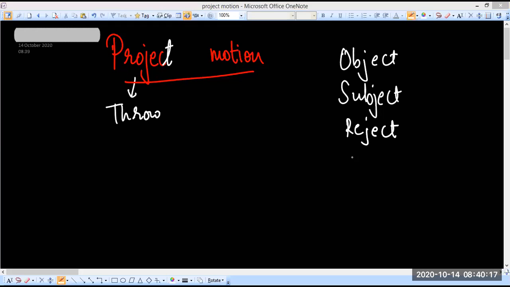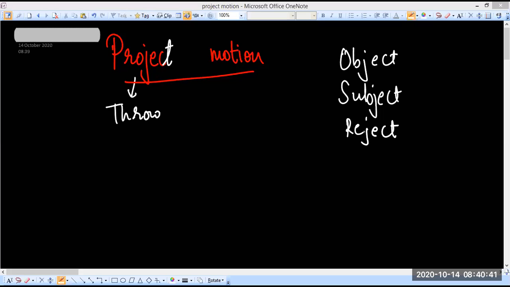Object, subject, reject, all these words are coming from the same origin, right?